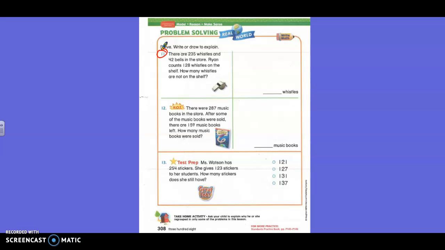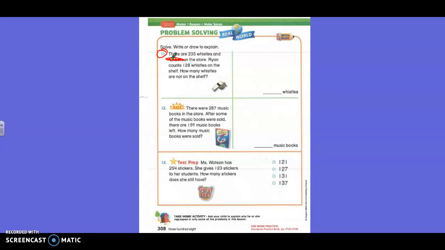How many whistles are not on the shelf? Guys, what does the question ask? How many whistles? It's asking you about whistles. Is there anything to do with bells? No. They gave you this number and that word to try and trick you.